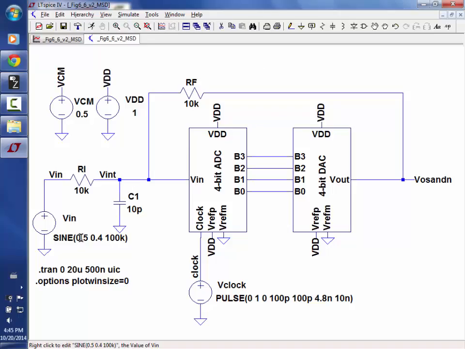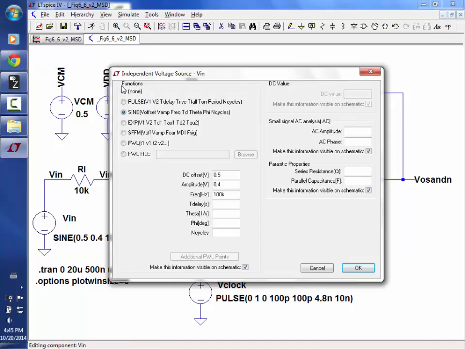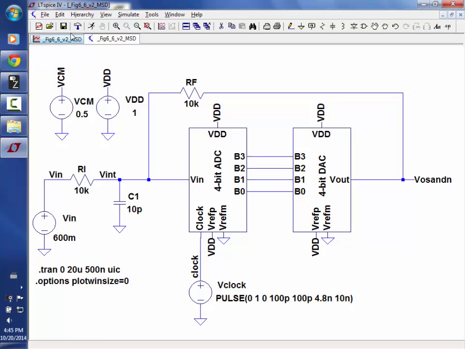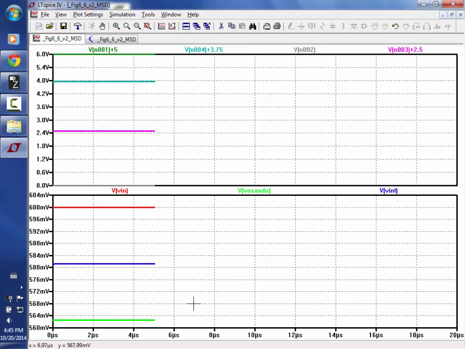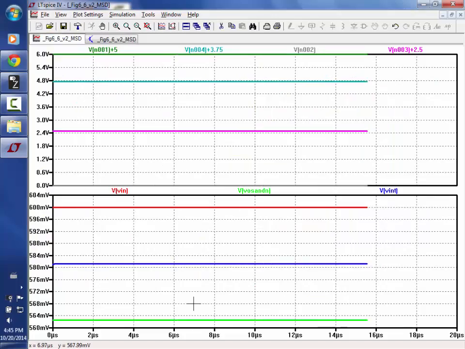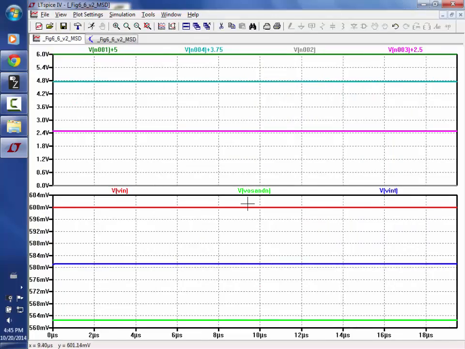So let's do this. Let's change this to a DC. And if I'm right and I put 600 millivolts in and it's positive feedback, it should go to the rail very quickly. How is that possible?